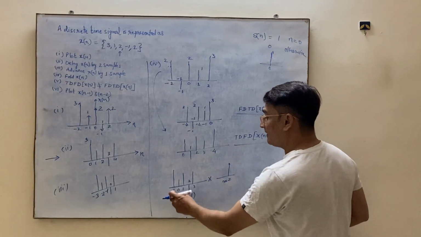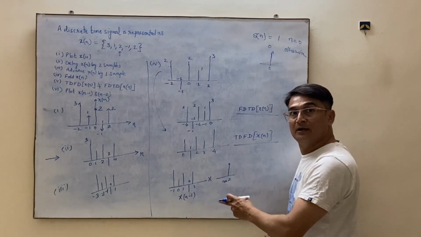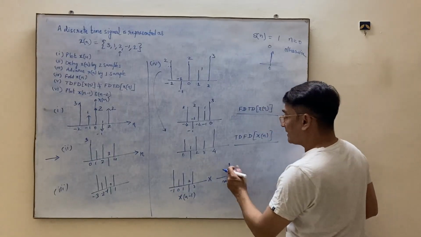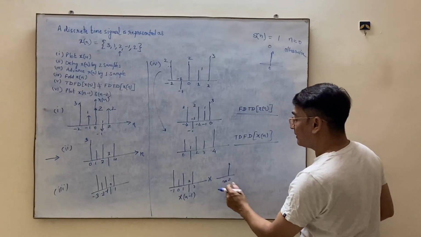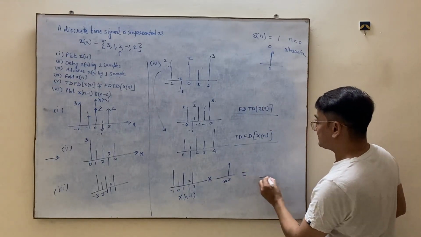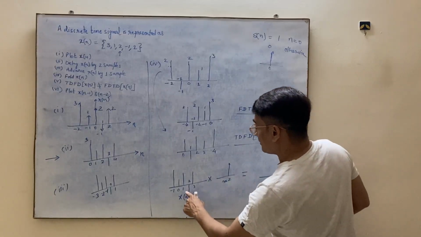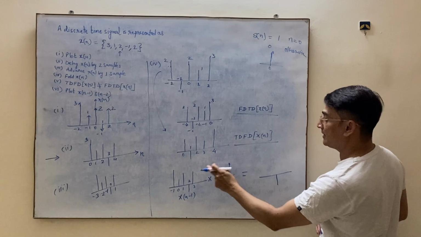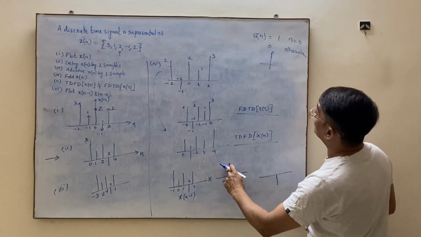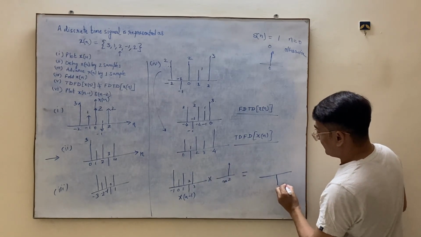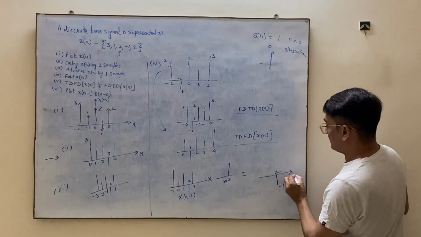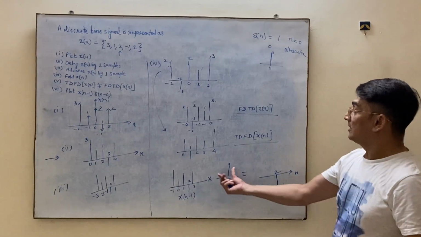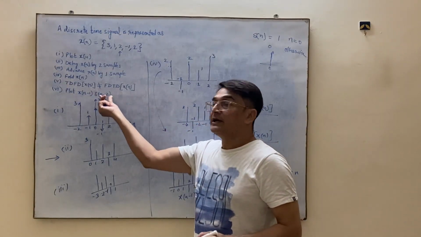When you multiply it, all the other values will be 0 because it is giving value 1 at only n equal to 2. So the resultant answer at n equal to 2 is minus 1 into 1, which is minus 1. So this is your x[n-1] δ[n-2].